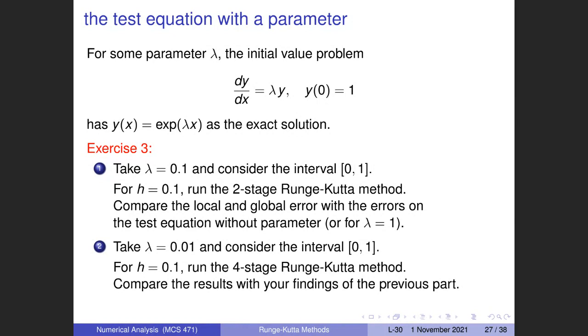Try to relate the error with the parameter. All our experiments used lambda equal 1. What if you take lambda 1/10 and lambda 1/100? Still fixing the step size, look at the local and the global errors.